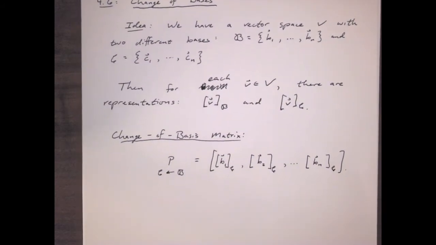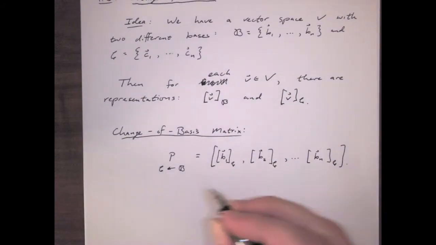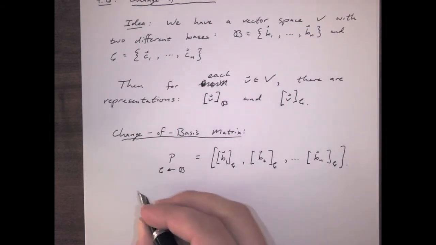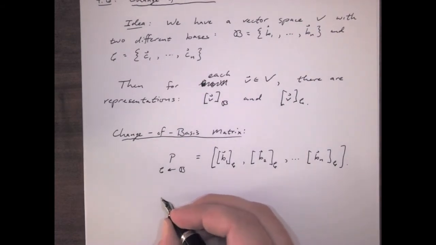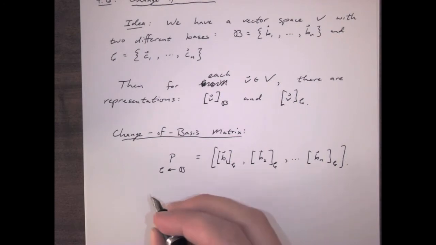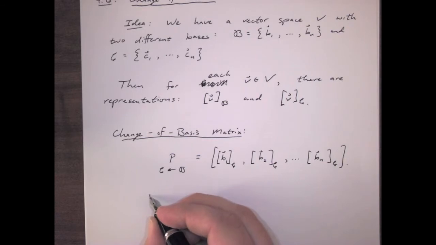Then, if we could ever figure out how to accomplish such a thing, this would give us a recipe for changing from representation with respect to one to the representation with respect to the other.